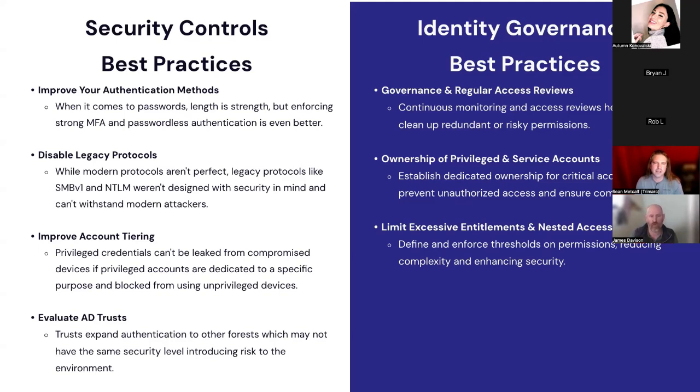And then you want to limit excessive entitlements and nested access, right? When you look at that nesting, those groups and federation, from a clean governance standpoint you want to limit those nested entitlements. You want to limit that access because that's a huge source of over-provisioning. As soon as you nest a group, everyone gets access to that group.